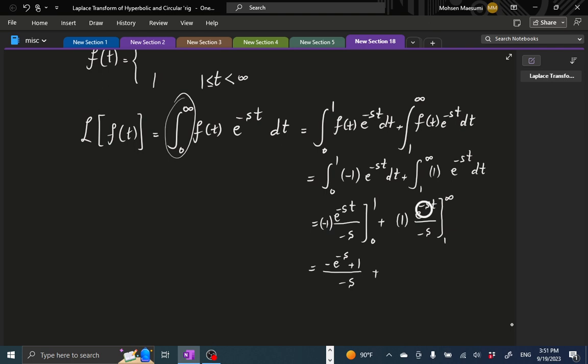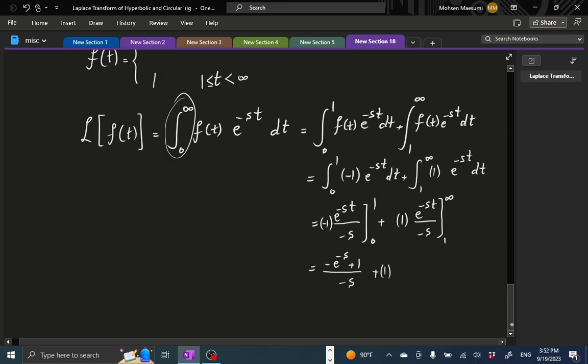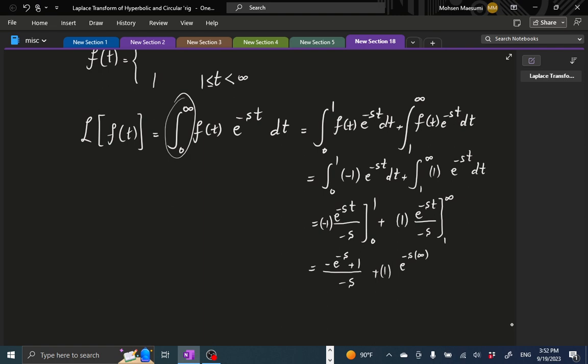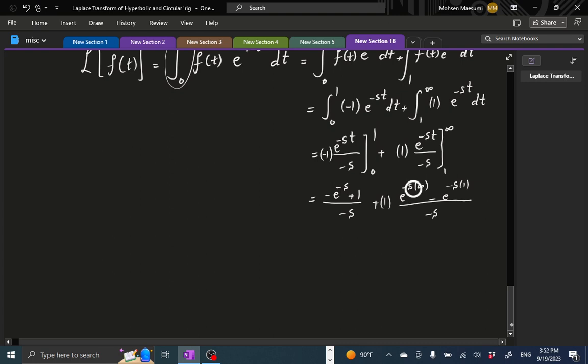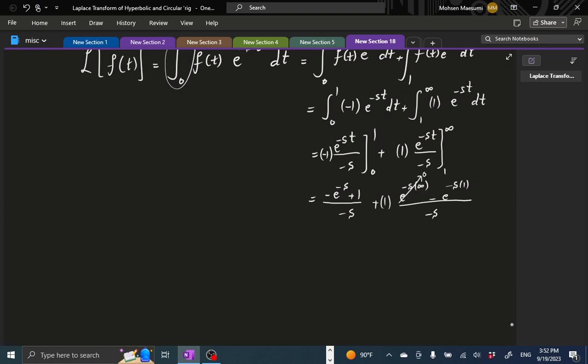I have a factor of 1, exponential of minus s times infinity, and then I'm putting 1 there, exponential of minus s times 1, the whole thing divided by minus s. Now, just what we said in the first lecture, if you take s to be positive, this collapses to 0. If you take s 0 or negative, you are going to be dealing with infinity. So to keep it simple, s is positive for this to go away.